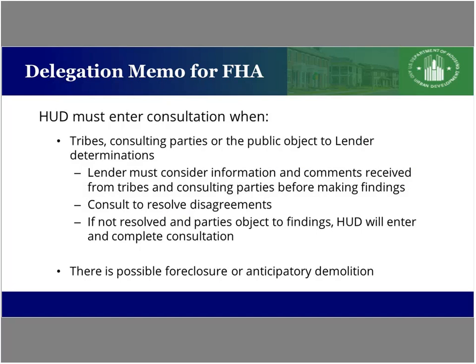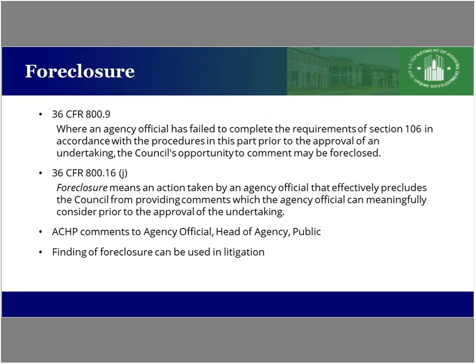HUD also needs to enter consultation when there is possible foreclosure or anticipatory demolition, and those deserve their own slides. So foreclosure is identified here as failing to complete the requirements of Section 106 in accordance with the procedures in the regulations, and that has the option to foreclose the council's ability and opportunity to comment.